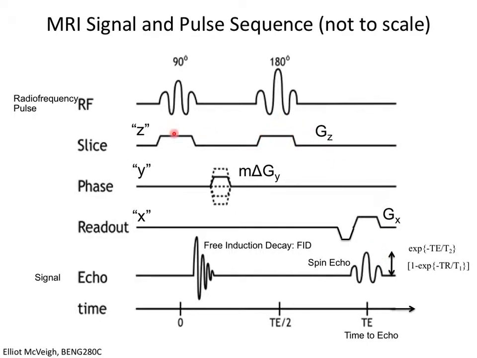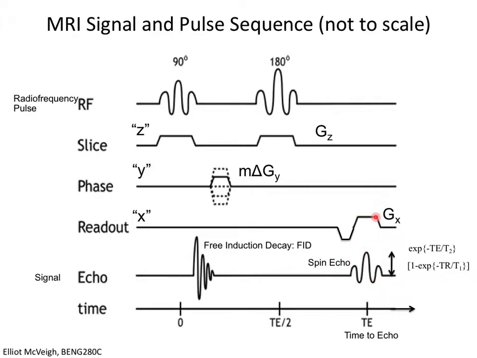I apply the same gradient that I did here so that I'm essentially affecting the spins in one axial plane in Z. Then, as the magnetization vectors evolve, they will come back into phase over here to make a spin echo.